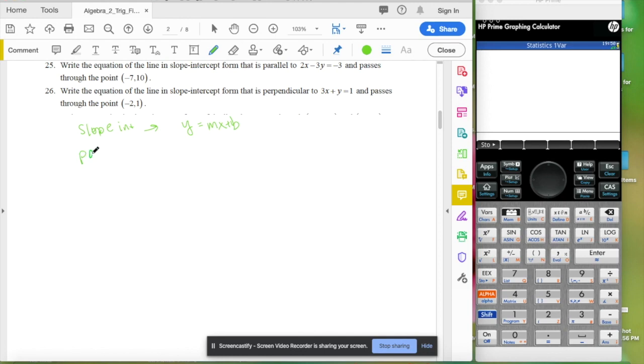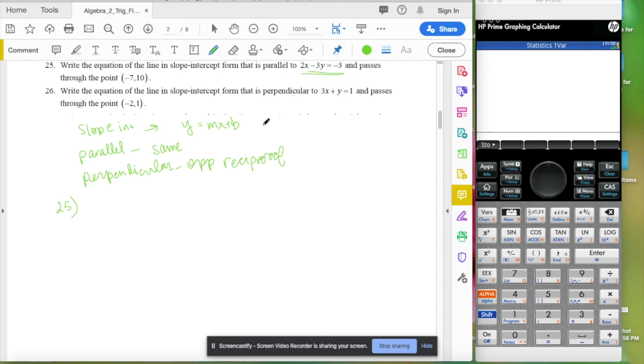If we have a parallel slope, it's going to be the same. However, if we have a perpendicular slope, it's going to be the opposite reciprocal. Some fancy cursive there.